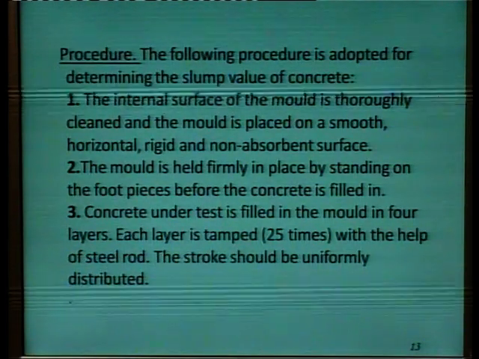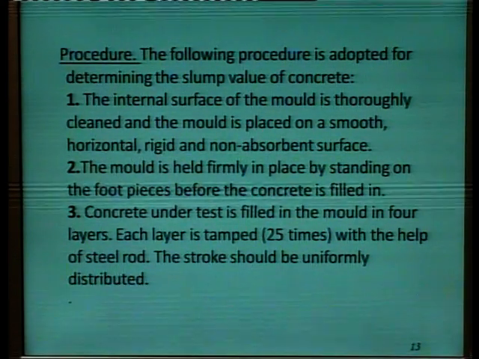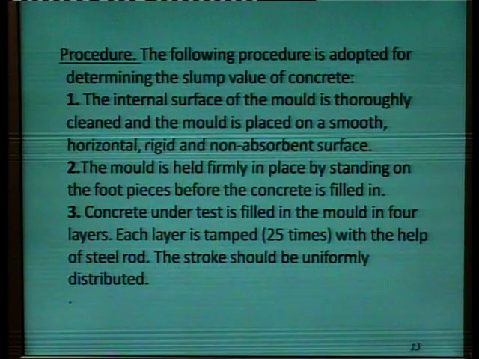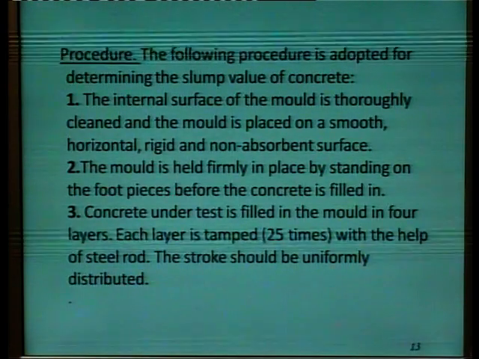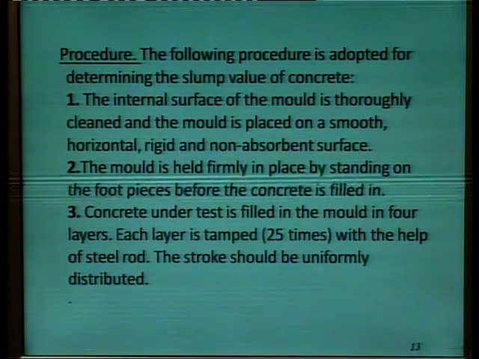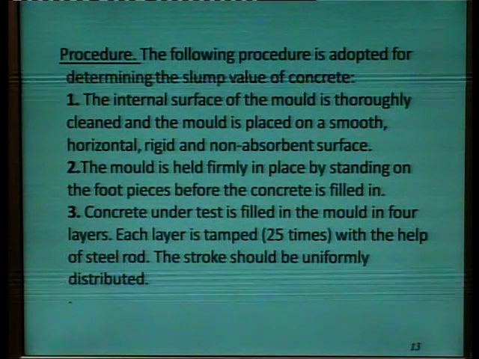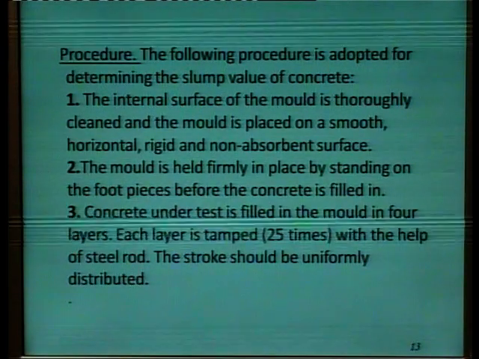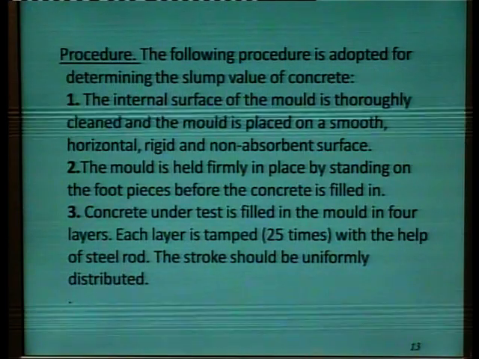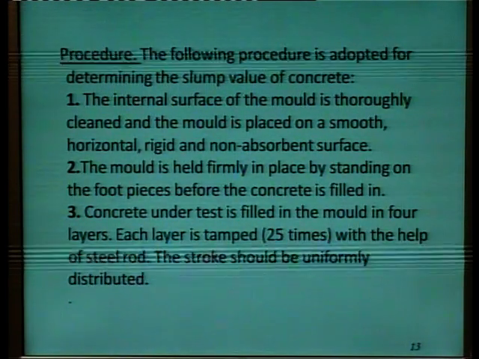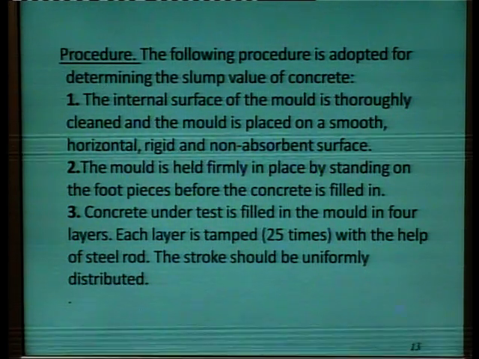Procedure for performing this test. The following procedure is adopted for determining the slump value of concrete. The internal surface of the mold is thoroughly cleaned and the mold is placed on a smooth, horizontal, rigid and non-absorbent surface.